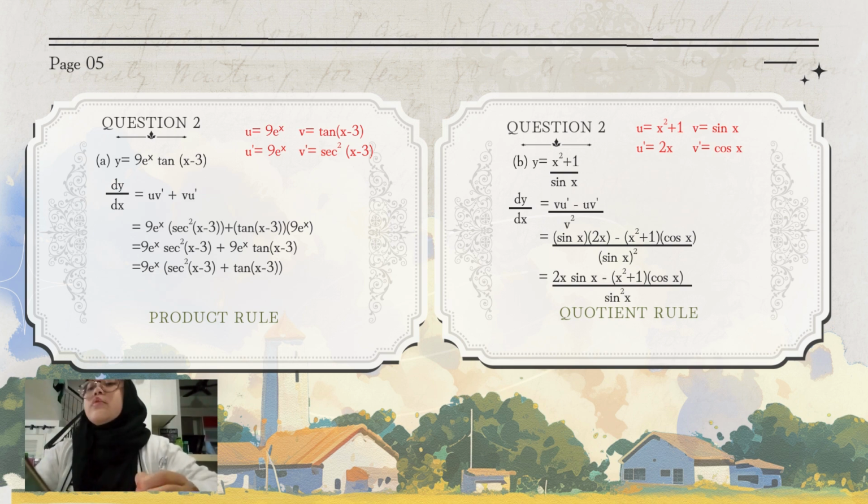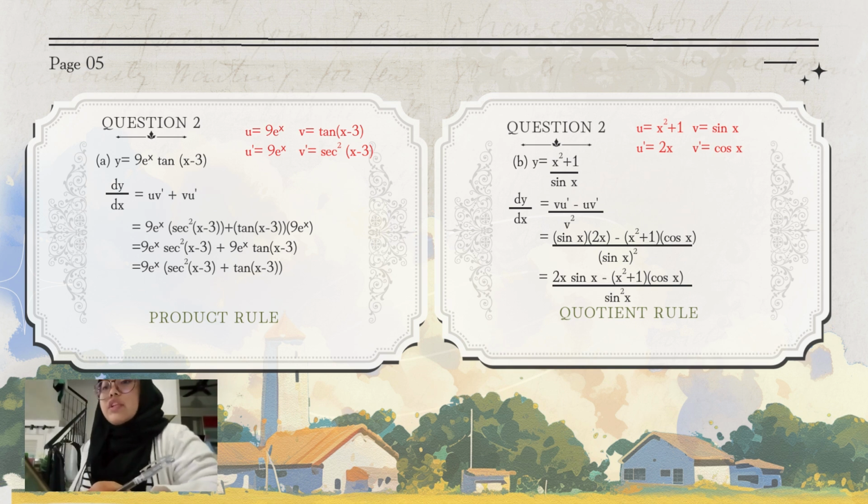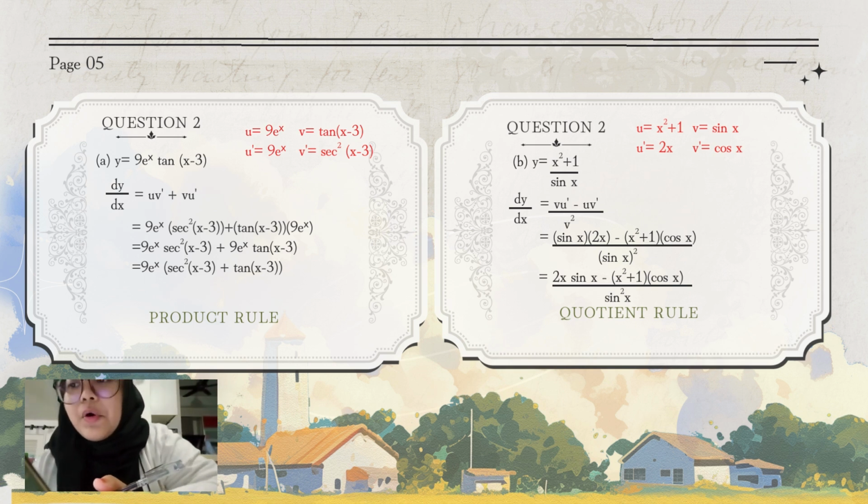That means we need to use product rule. So the product rule is dy over dx equal to u v prime plus v u prime. So we need to decide which one is the u and the v. So the u is 9e power of x and the v is tan x minus 3.